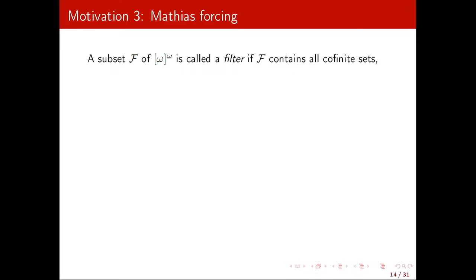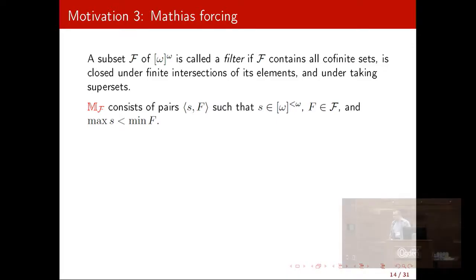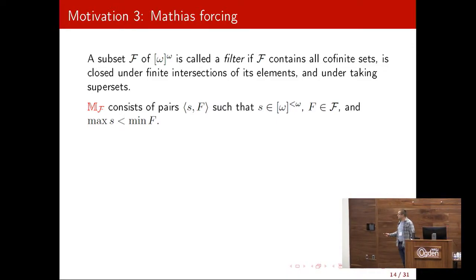Good. So the third motivation comes from Mathias forcing. A filter, let me remind you, is a family of infinite subsets of omega, which is closed under finite intersection, taking supersets and finite modifications. And to each filter you can associate a poset consisting of pairs.